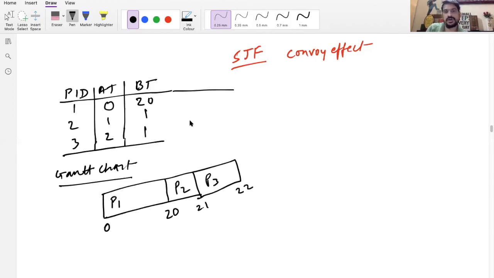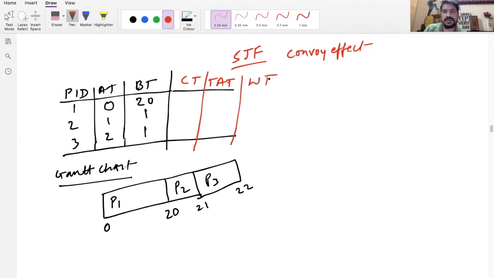Now let's talk about the different times: completion time, turnaround time, and waiting time. All these things we will find out. What is the completion time of P1? It is 20. Completion time of P2 is 21.